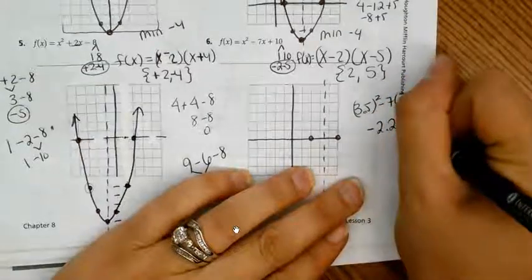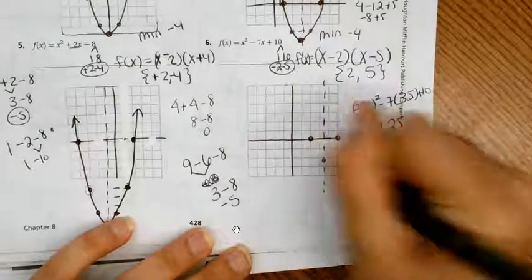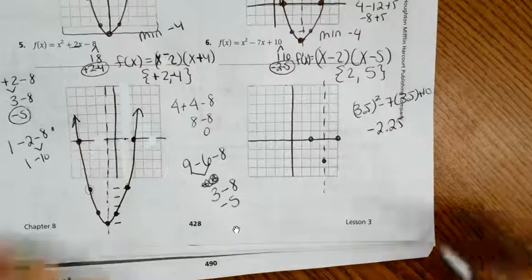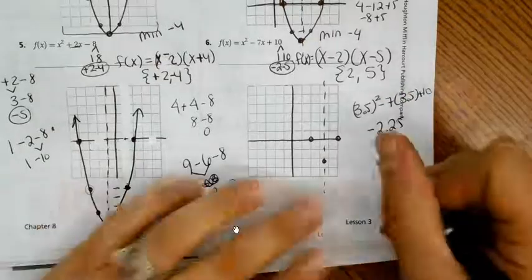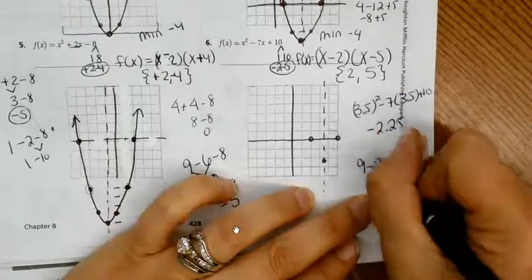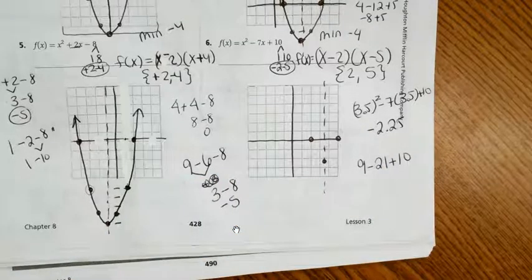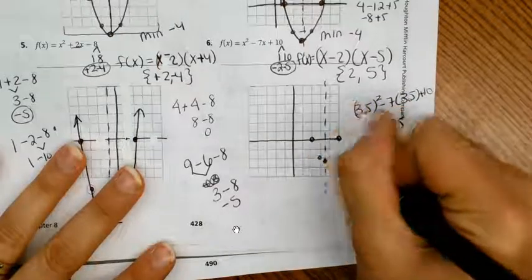Is that what you guys got? And then I could do, say, 1, 2, 3. Let's plug in a 3. So 3 squared is 9. 9 minus 21 plus 10. I got negative 2. We can reflect it, but I also want to double check.